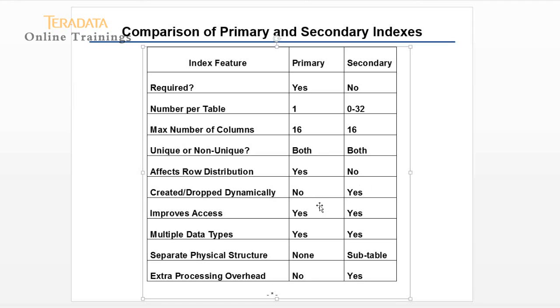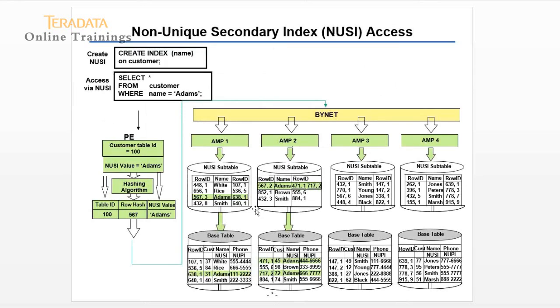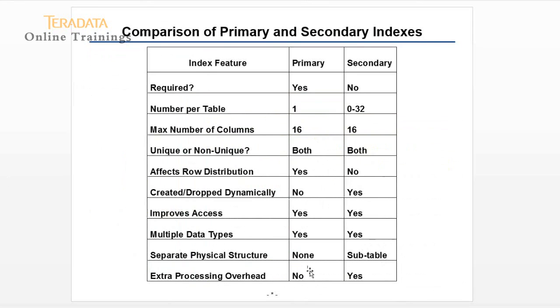And improve access, yes for both of them. Multiple data types, yes. Separate physical structure: for primary we don't have a separate physical structure, but for secondary we have a subtable structure. This is the separate structure for the secondary index, but for the primary index we don't have it.